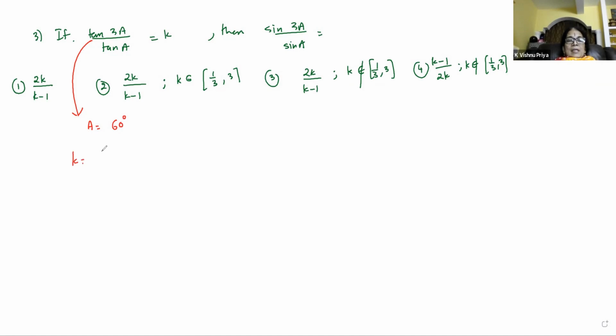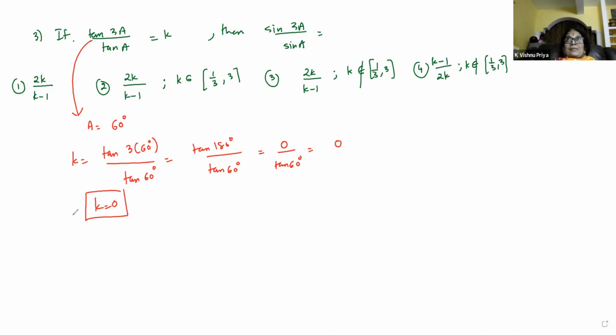Because k will be equal to tan(3 into 60 degrees) by tan 60 degrees, and that is tan 180 degrees by tan 60 degrees. Tan 180 degrees is 0, and whatever tan 60 degrees is, you are getting 0. So k is 0. For sure, k is 0. This is very, very important for you to select the answer.